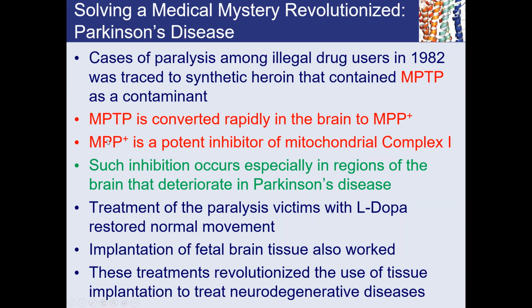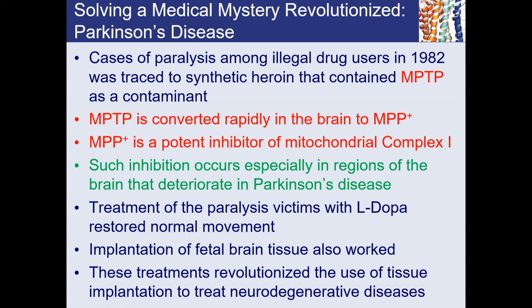Okay. And so people were noticing that when it was inhibiting complex 1 in the brain, that area of inhibition was happening in the same location where Parkinson's patients are being affected. Okay, so that's the same region of the brain that deteriorates in Parkinson's disease. And so when they figured this out, they were able to see that if you take these patients and treat them with L-dopa, etc., they could actually restore movements.